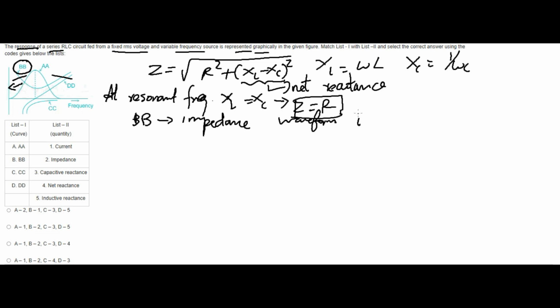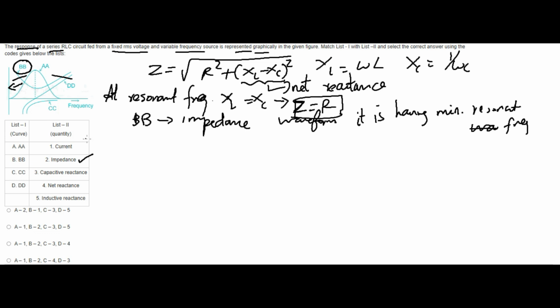So BB represents the impedance waveform, because at resonance Z is equal to R. That is the main point.